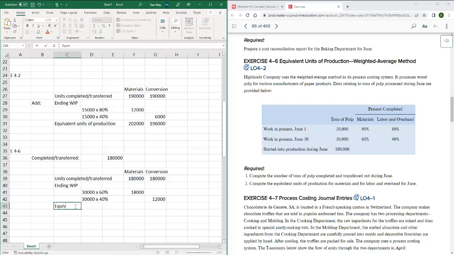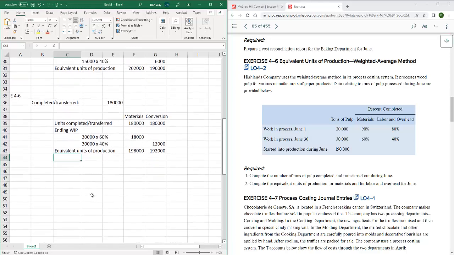So now our equivalent units of production, taking the units completed and transferred plus the equivalent units in the ending work in process. For materials, 180,000 plus the 18,000, or 198,000. For conversion, the 180,000 plus the 12,000, and that leaves us with 192,000.